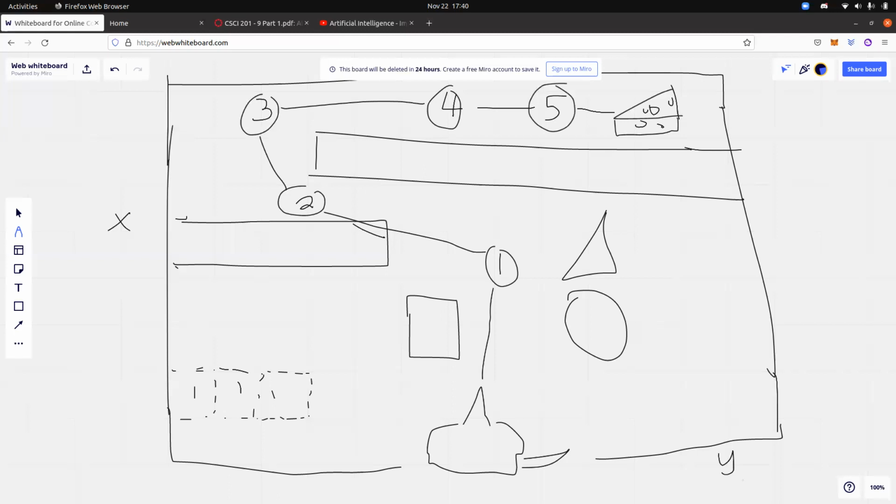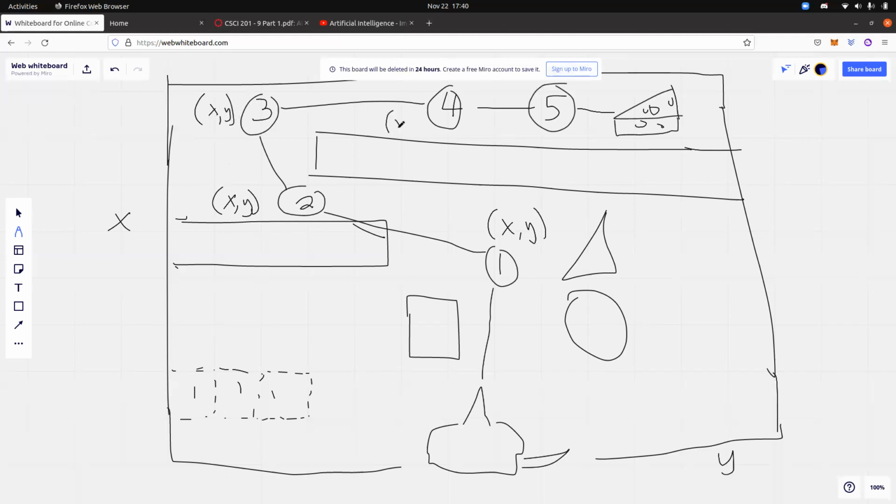Now, to guide you, since we're in an XY plane, we can assume that the first step will be a coordinate. So some XY coordinate. This one would also be an XY coordinate. This one, an XY coordinate as well.